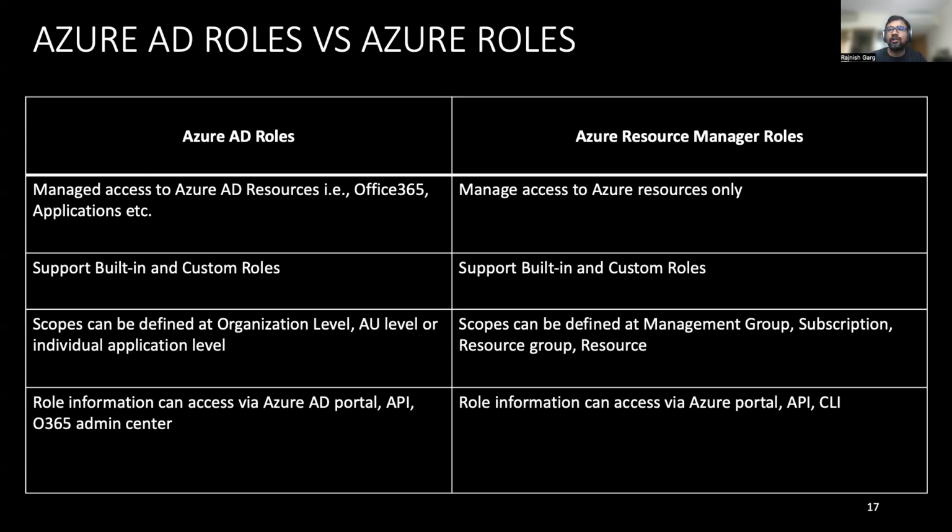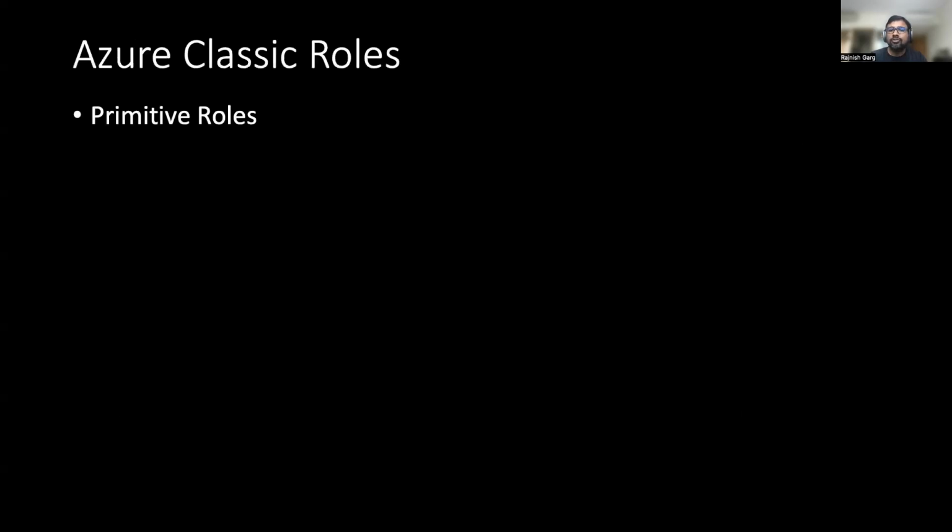Whereas on the Azure side, scope can be assigned at the management group level, at the subscription level, or the resource group or the resource level. Both Azure AD and Azure roles can be assigned using the portal, the APIs, or the CLI. Similar to the GCP primitive roles, the Azure side also has a similar kind of primitive role.